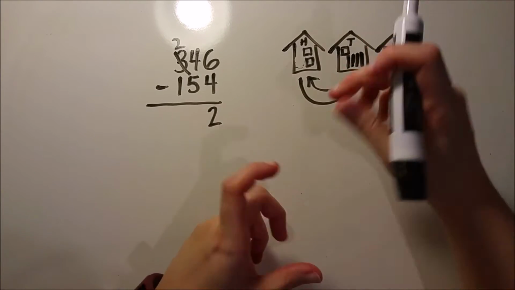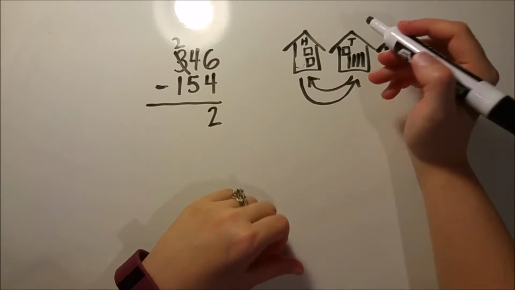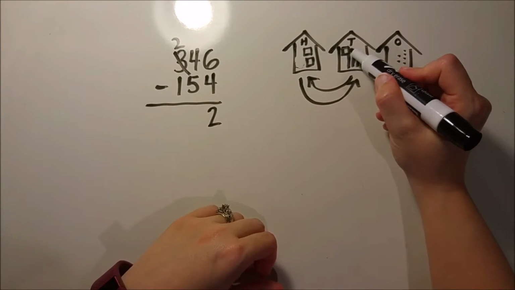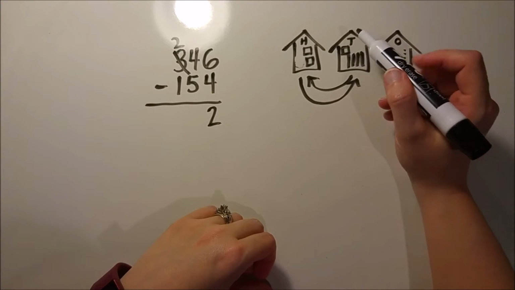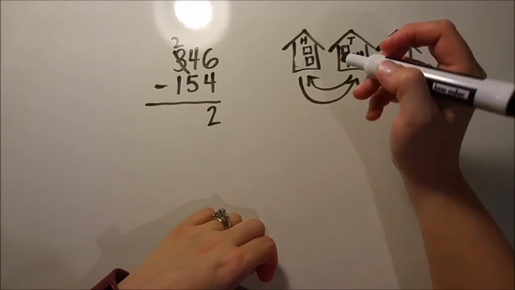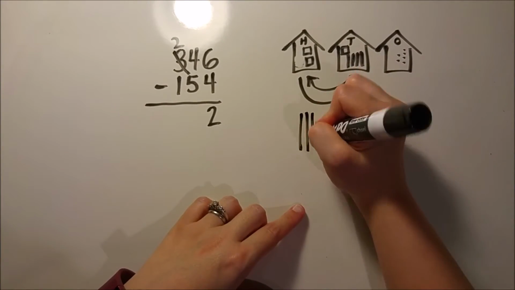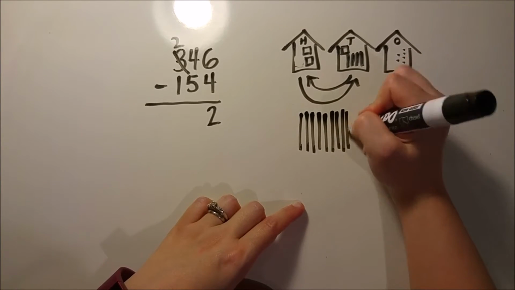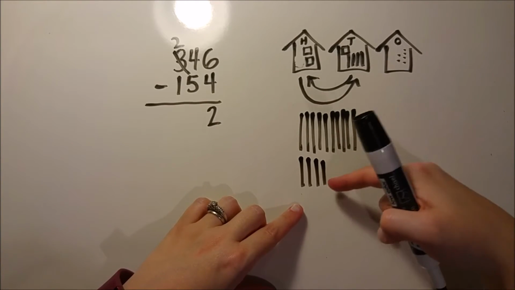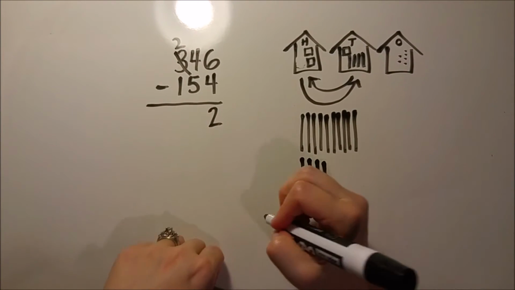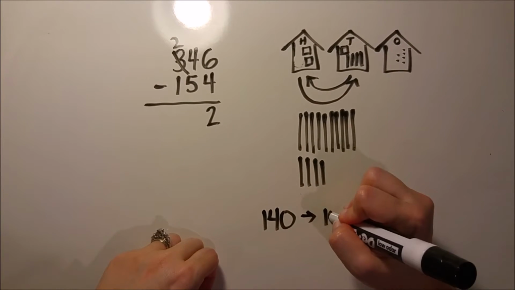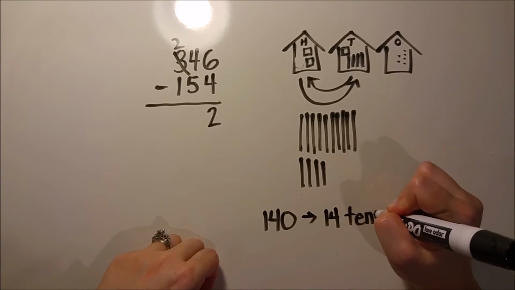Remember, your hundreds square is equal to 10 of these sticks put together. So that's 10 of our tens, and then 1, 2, 3, 4 more. So the 100 makes 10 of them, and then the 4 more. So we have 14 tens.